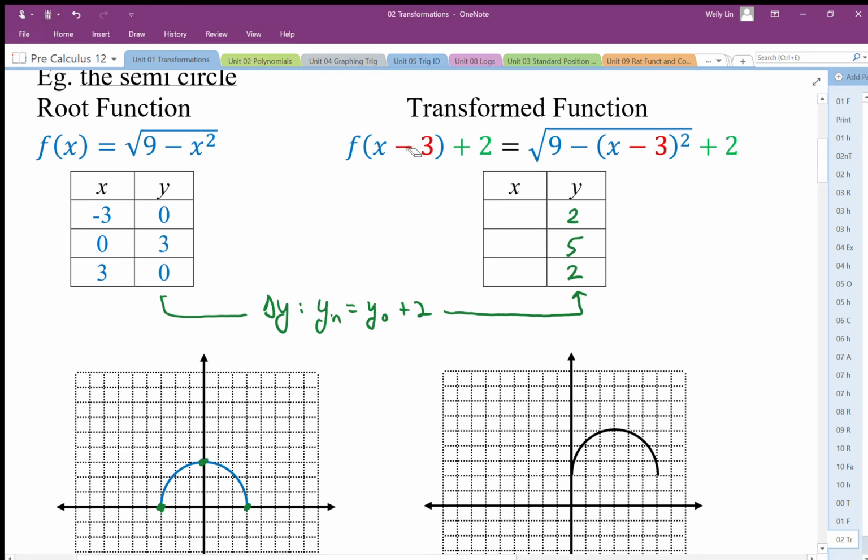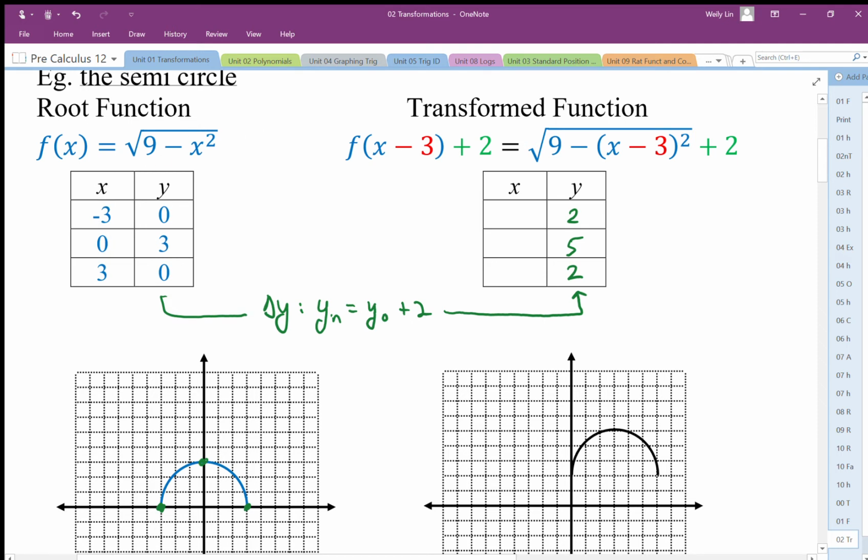And that minus 3 represents the opposite of what I'm going to do. So basically, I need to get back to this minus 3 here. What x minus 3 is going to get me back to the negative 3? And that's why it's backwards, because we're actually going the other way around. This is going to be the x that I want here, and I'm going to do some calculation to get back so I can plug it into my function.